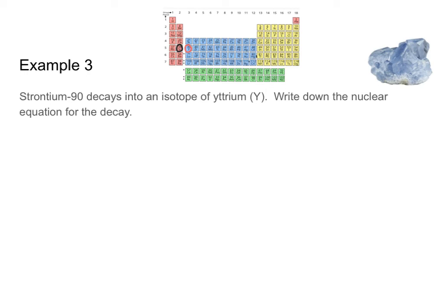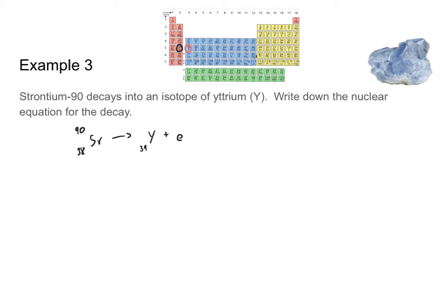So we know we're going to start with strontium-90, so 90/38 Sr, and that's going to decay into yttrium, which has atomic number 39. Now, the only kind of decay that is going to give me that is going to change my charge by 1 is beta decay. So this is either positive or negative beta decay.